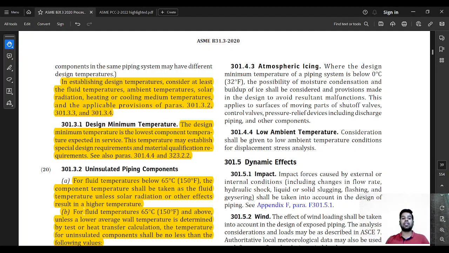Design minimum temperature. The design minimum temperature is the lowest component temperature expected in service. The temperature may establish special design requirements and material qualification requirements. Why is this important?